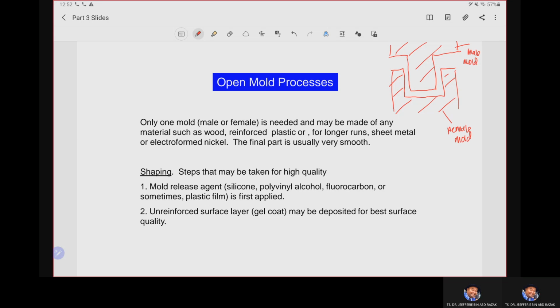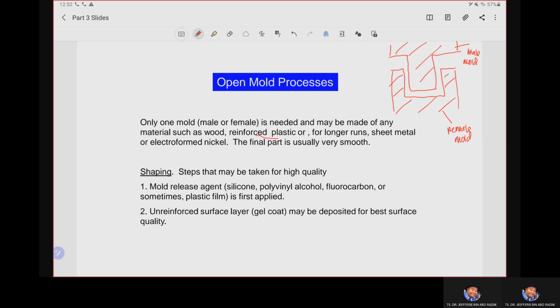For the open mold process, we require only half part of this mold for us to make them as the pattern for our product. So the product shape will be in accordance with the shape of the mold. The half mold part can be made either from wood, or reinforced plastic for longer run or utilization.